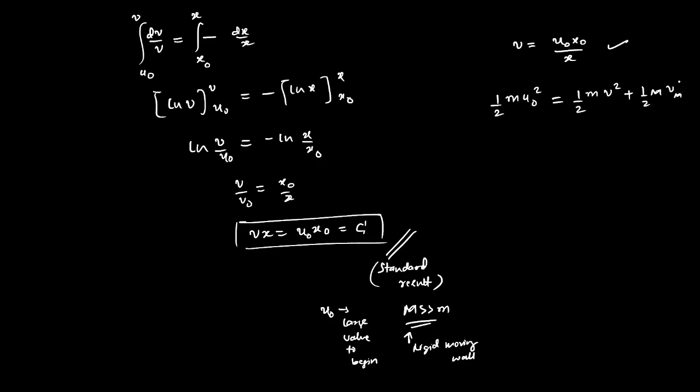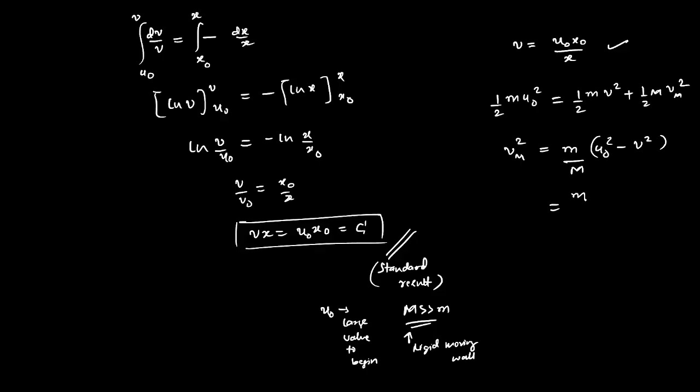So we simplify: Vm squared equals small m times u naught squared minus v squared, divided by capital M. Let's substitute the value of v squared there.